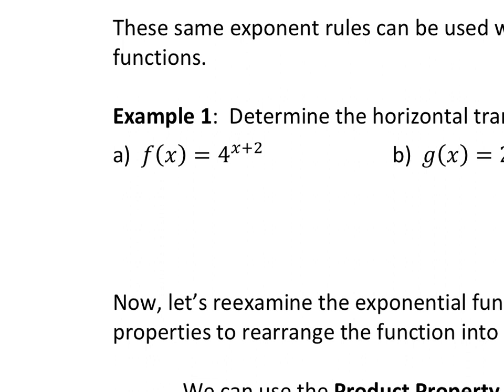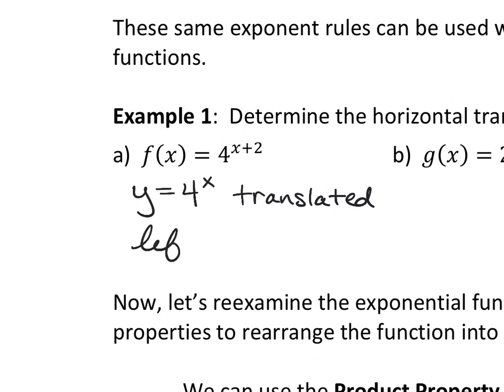Compared to what would be the parent function or boring function, let's say we're comparing this to y equals 4 to the x, what kind of transformation occurred here if I put a plus 2 inside the function? Which direction is it translated? Plus 2 means, yes, it's going to go to the left, and it's going to go to the left 2 units.